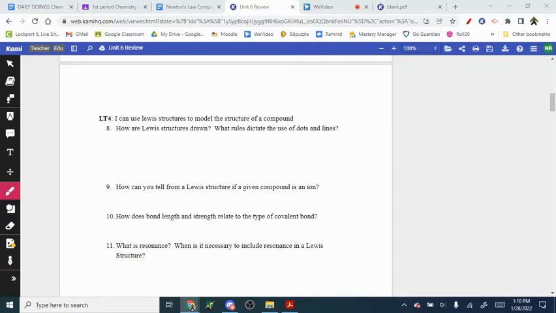Skeletal structure basically meaning what is the central atom, okay? After you put the central atom in the middle and the peripheral atoms on the outside, then we take all our valence electrons and we fill them in around the outside atoms.